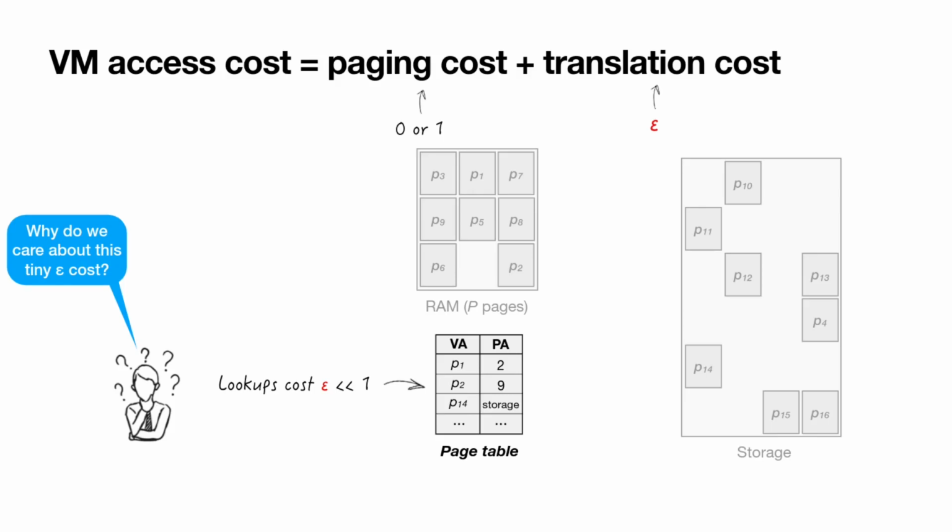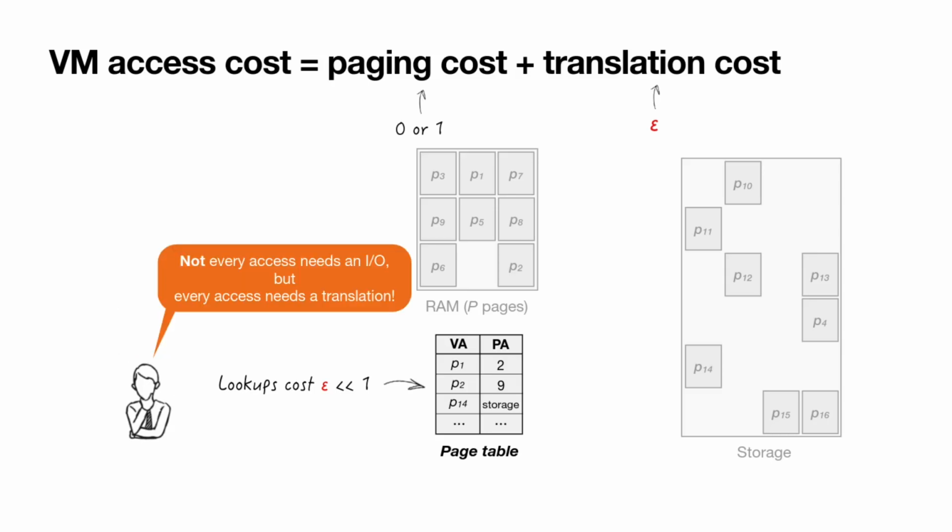Doesn't it get absorbed by the paging cost? And the answer is no, because not every access needs an I/O, and in fact most of them will not require any paging at all, but every access needs a translation. So in fact, not only this cost may dominate the overall access cost, but we have to pay for this all the time. So this ends up being too expensive.